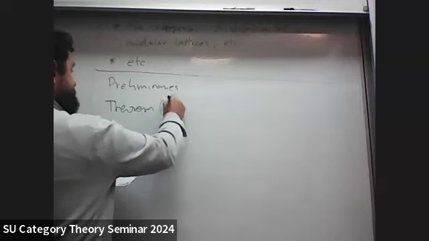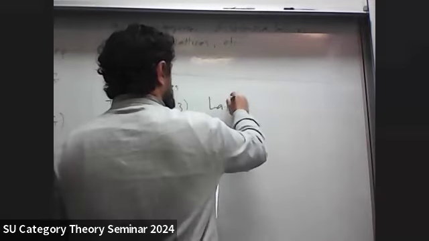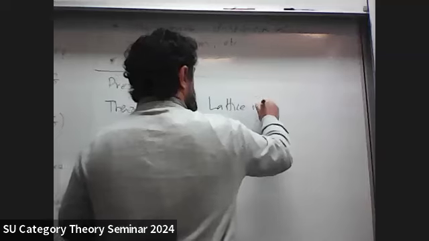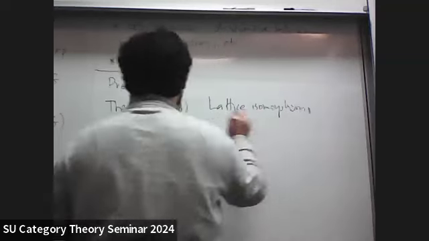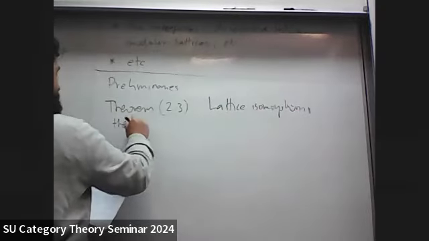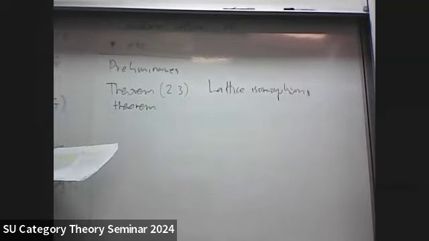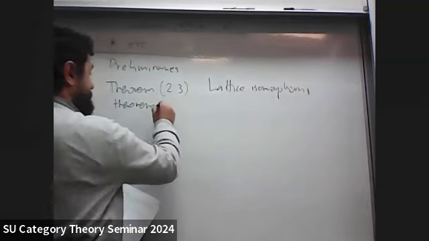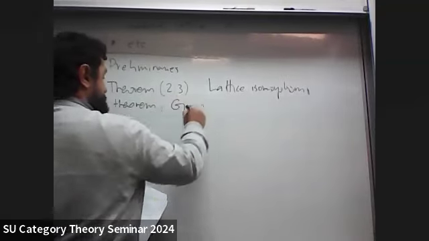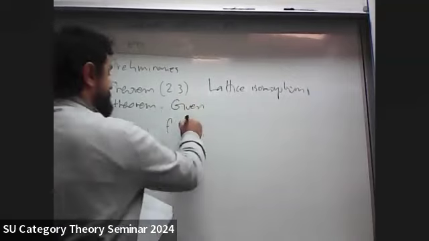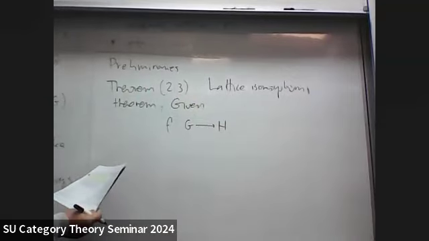So the first one is the standard lattice isomorphism theorem, which in group theory states that if I have a group homomorphism F from G to H, then the following two intervals are isomorphic.